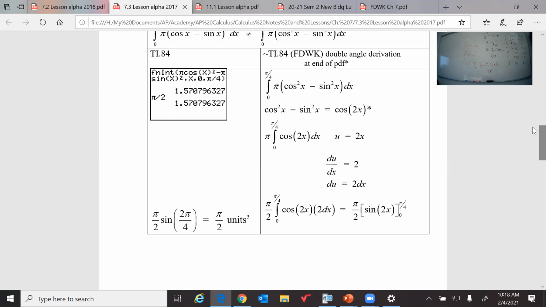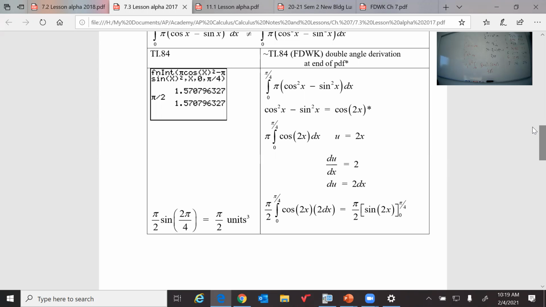So I put pi over 4 in here. When you double pi over 4, you get pi over 2. The sine of pi over 2 is 1. Put 0 in there. You get the sine of 0, which is 0. You get 1 times pi over 2, which is pi over 2 cubic units.